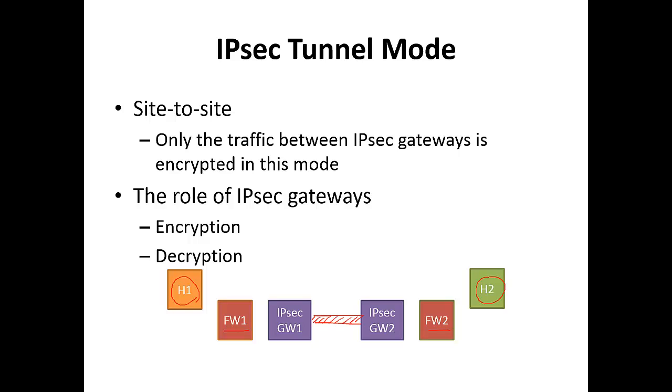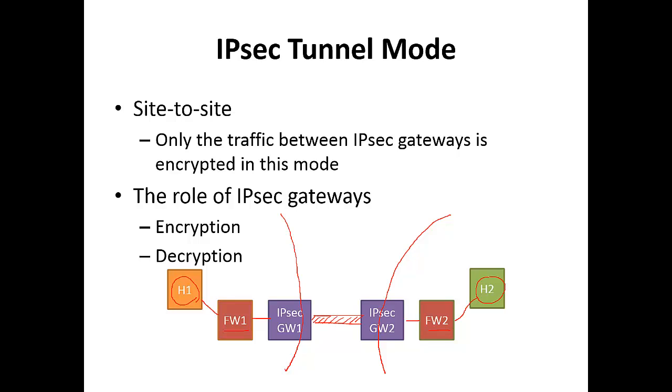However, as soon as you get out of the IPsec gateway, going into this particular network, things become unencrypted. So firewalls now can inspect what's in the traffic, and then it's sent to this host, and the same goes for the other network. Everything behind the IPsec gateway is unencrypted and then sent to the host.